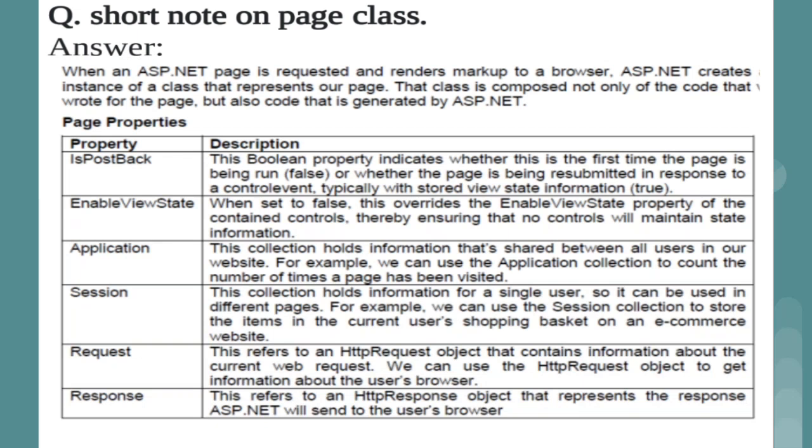When an ASP.NET page is requested and renders markup to a browser, ASP.NET creates an instance of the class that represents our page. That class is composed not only of the code we wrote for the page, but also code that is generated by ASP.NET.